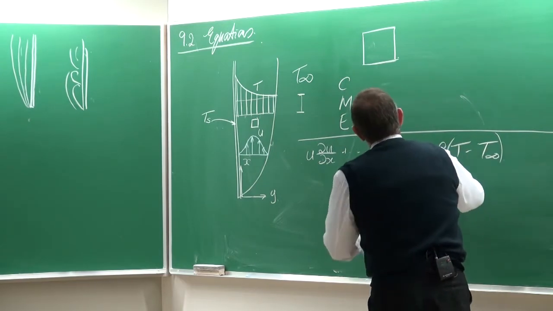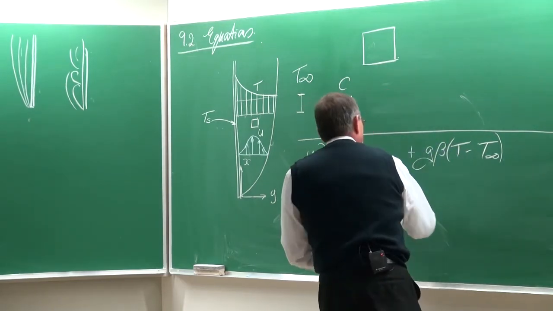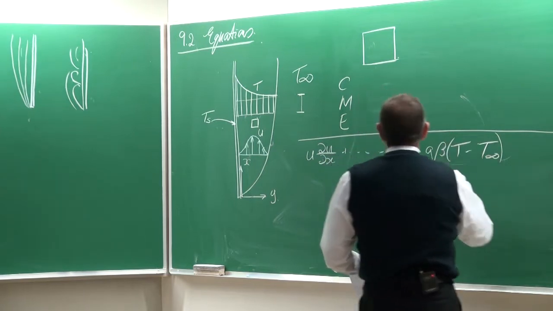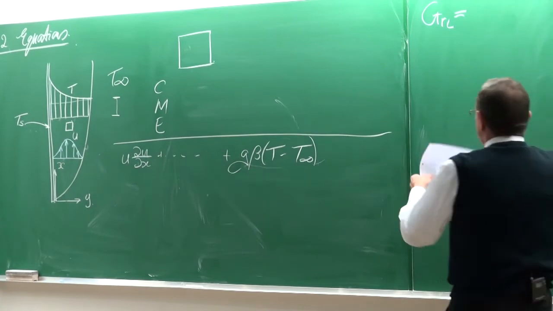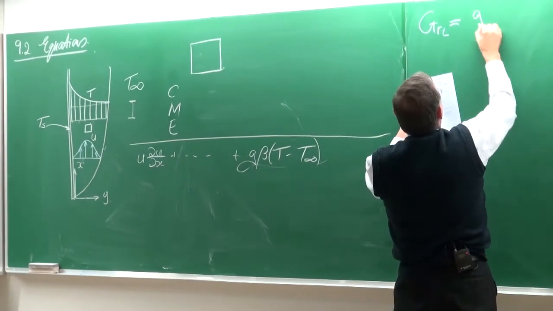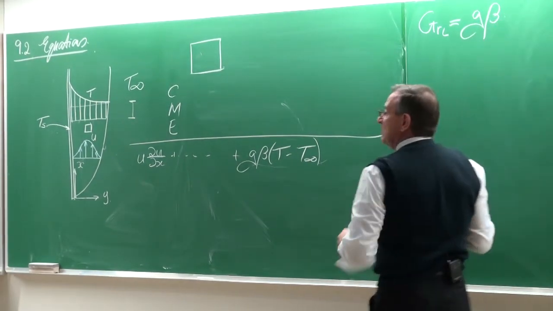This is not, you have to non-dimensionalize it, and then this is going to change a little bit. But the result of that is that a new non-dimensionalized variable now appears, which is called the Grashof number. And the Grashof number is equal to g multiplied by beta.